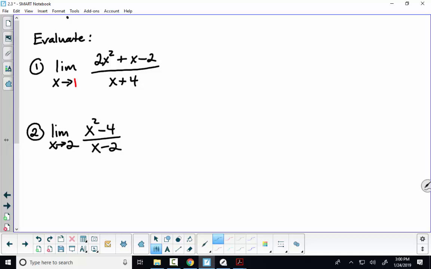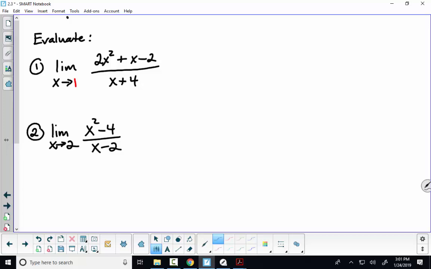So the example 1, what would the limit be there? Just take a minute to compute that. Okay. 1/5?